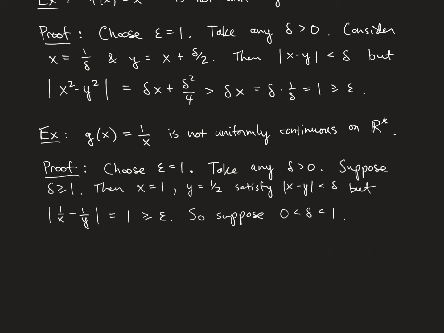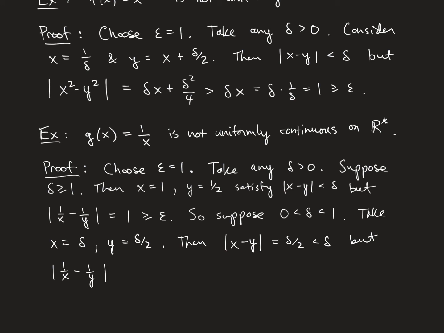So we can take x to be delta and y to be delta over 2. Then we have x minus y equals delta over 2, which is less than delta, but 1 over x minus 1 over y.